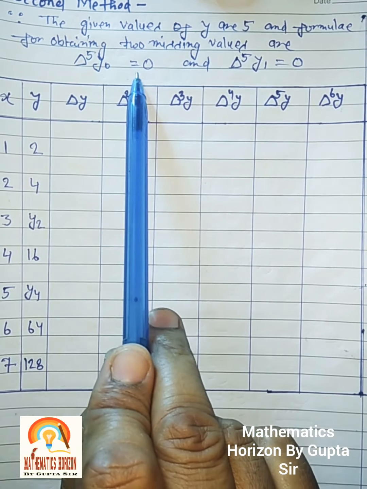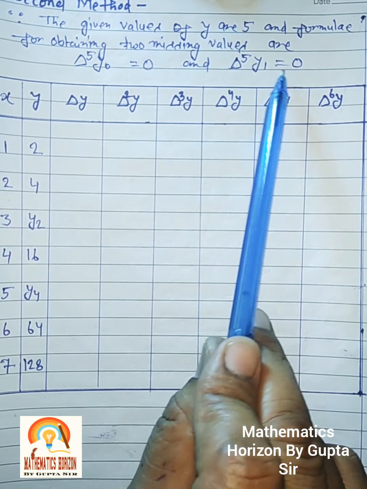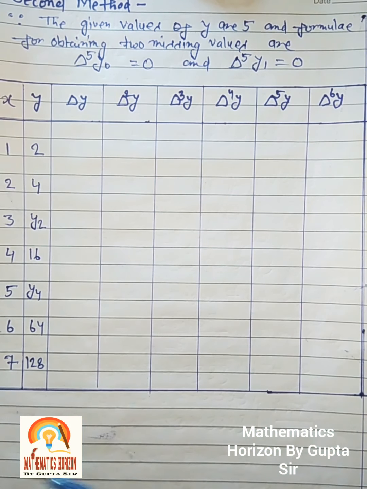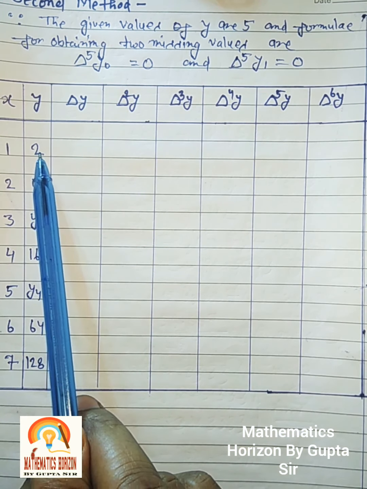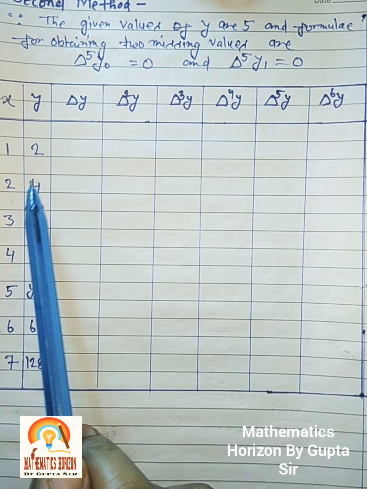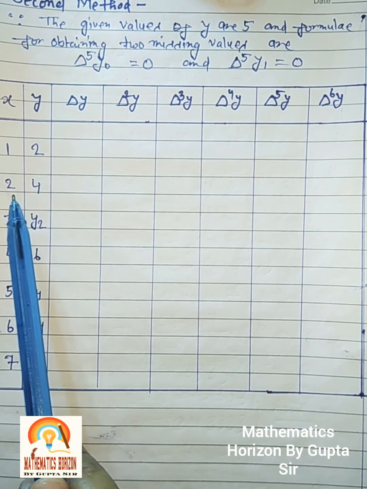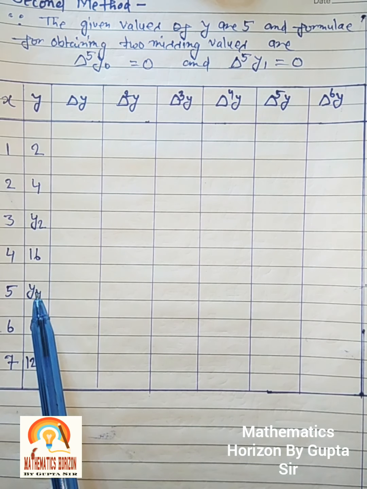These are the given values: 2 for x equal to 1, 4, y2, 16, y4, 64, 128.